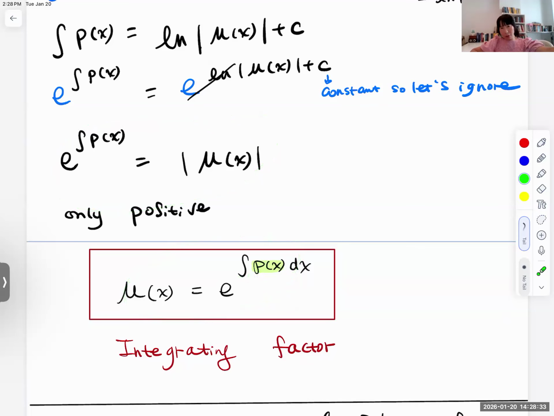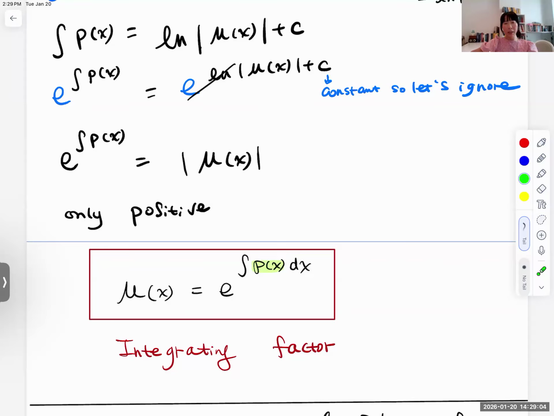So when do we use it? Earlier, we had a nice differential equation, and we found the general solution, and with a given initial value we found the particular solution. But if it's more difficult, not simple, then we use the integrating factor.